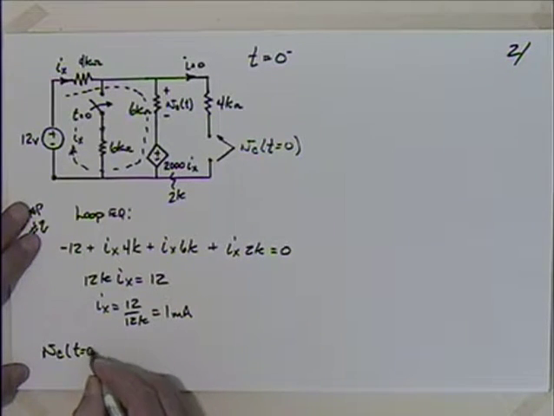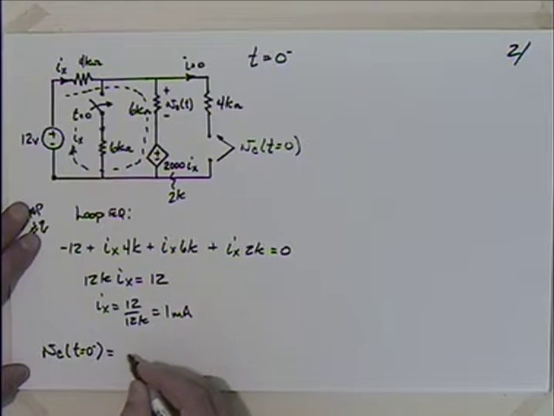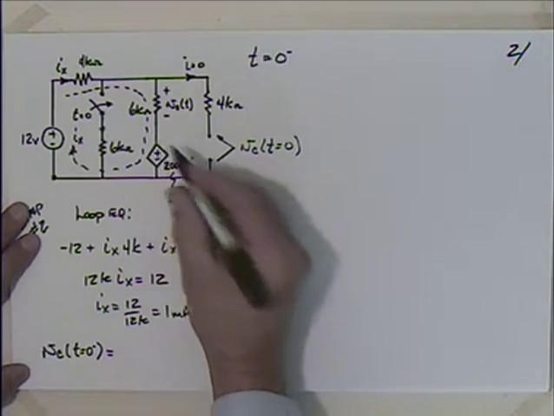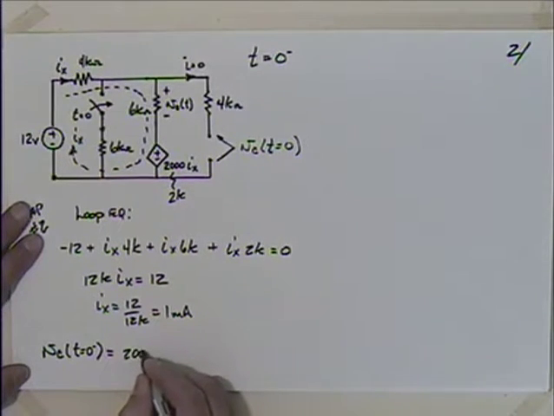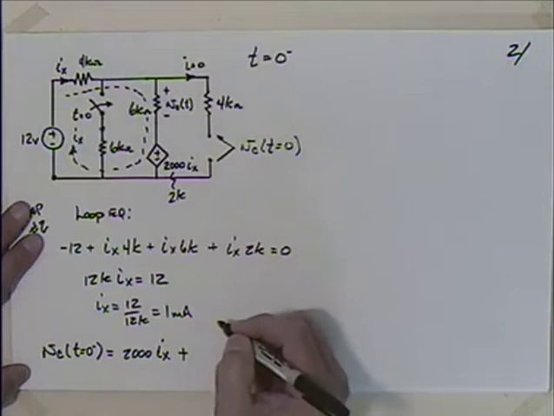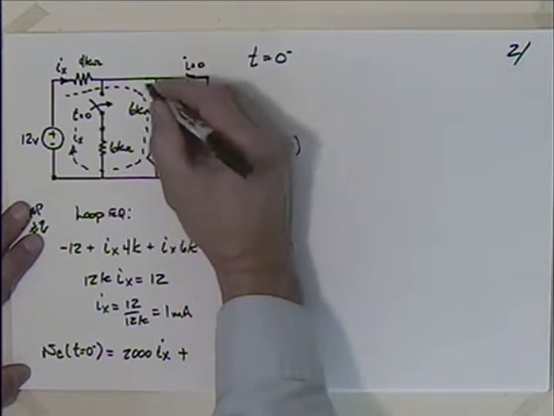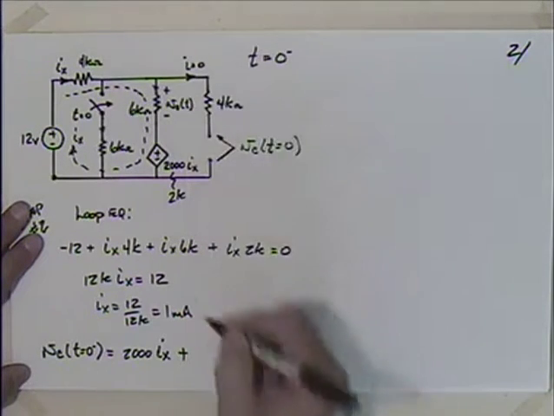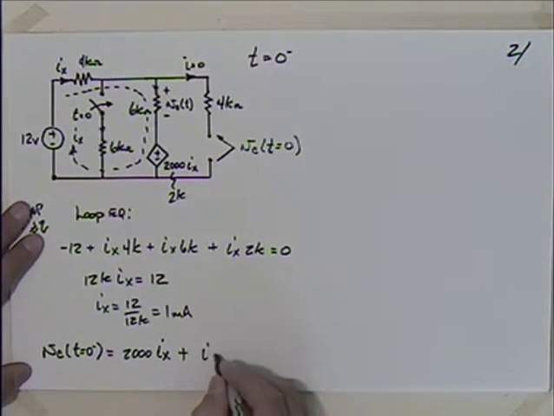the voltage across the capacitor at t equals 0 minus is really just going to be this voltage here, 2000 Ix, plus the voltage across there, which, if our current goes like that, Ix turns and goes like that, I could really just say it's Ix times 6k.